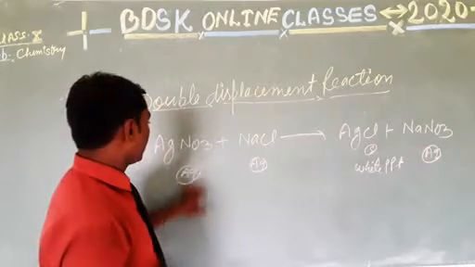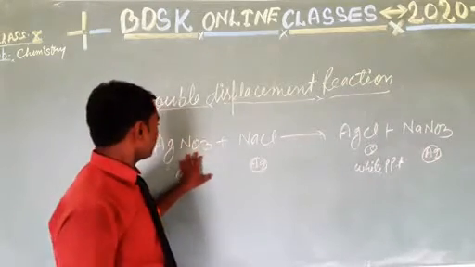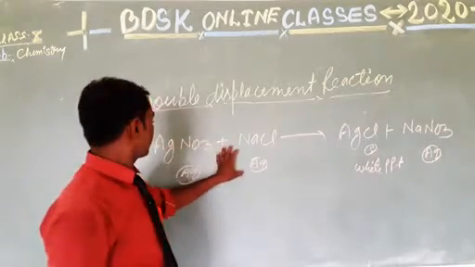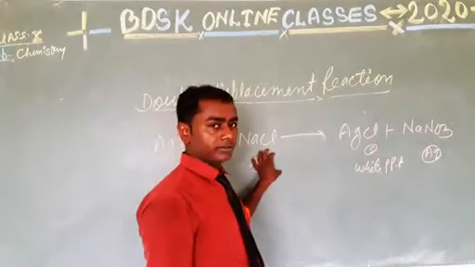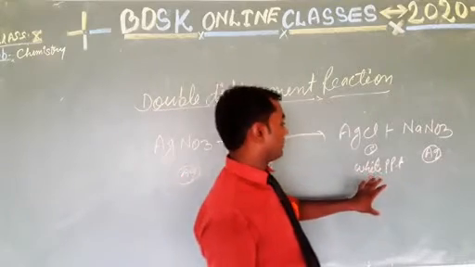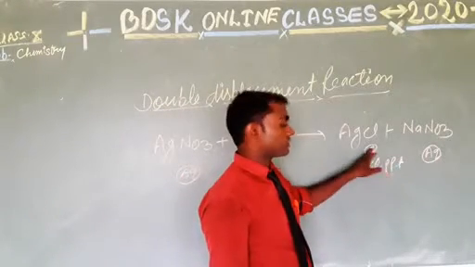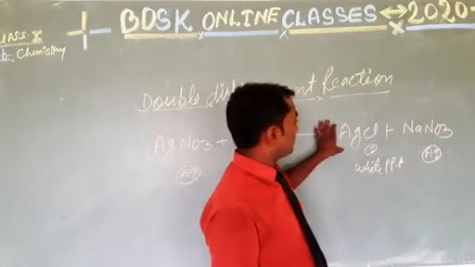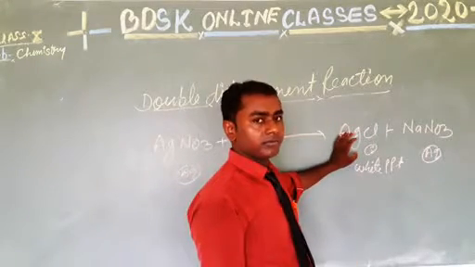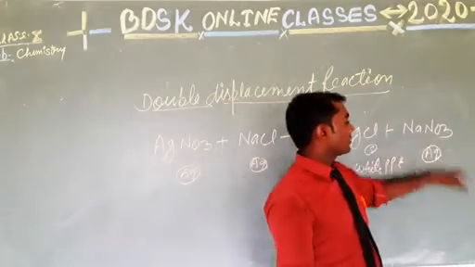Okay, you can see here, these are the compounds: silver nitrate reacts with sodium chloride, formation of white precipitate, that is a solid called precipitate of silver chloride along with sodium nitrate.